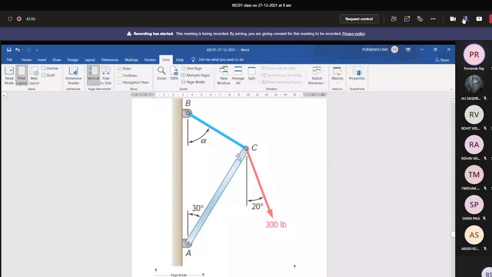So if it is said that the strength of this member is such that it cannot carry more force, as you see this is quite a big section and it is thin, so maybe it is weaker. So if that limit is given, you have to find that value corresponding to that given magnitude of this force for this angle alpha.